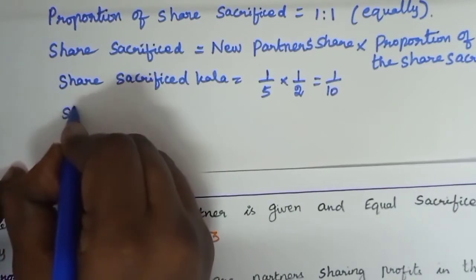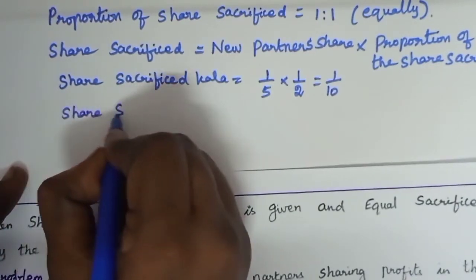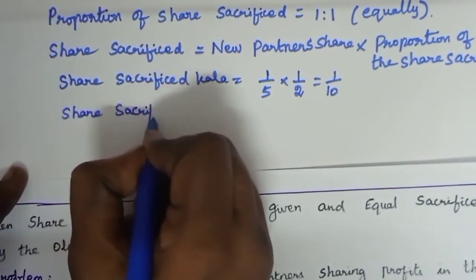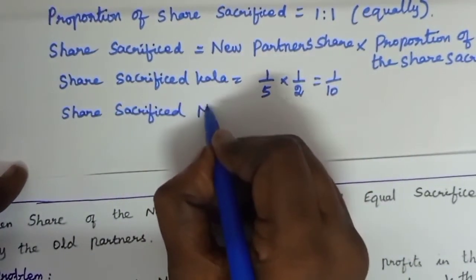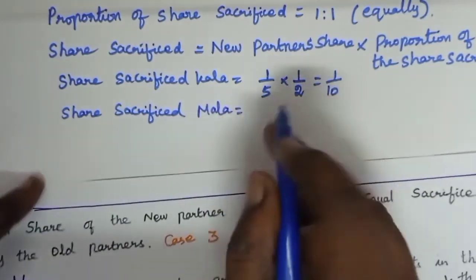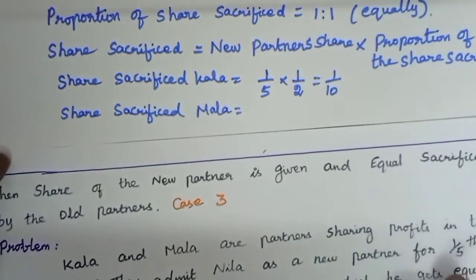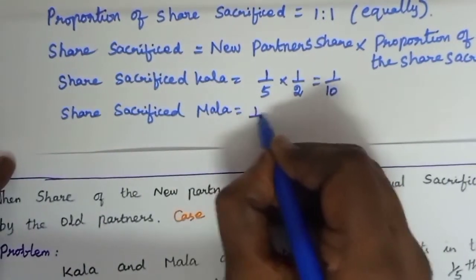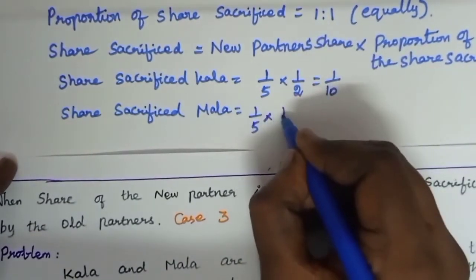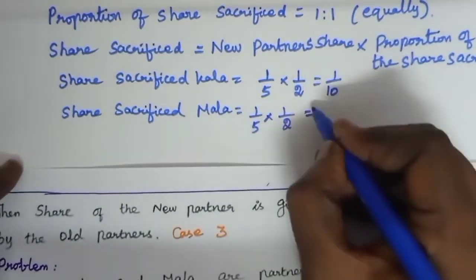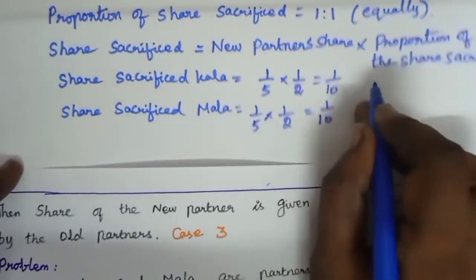Next, share sacrificed by partner Mala: new partner share 1 by 5, proportion of the share sacrificed 1 by 2. We will get 1 by 10.